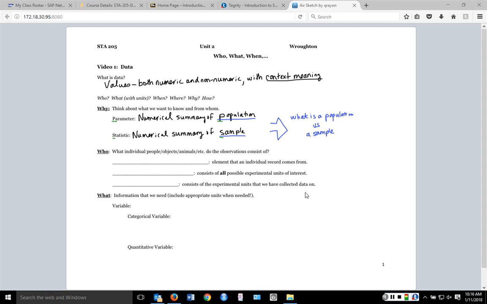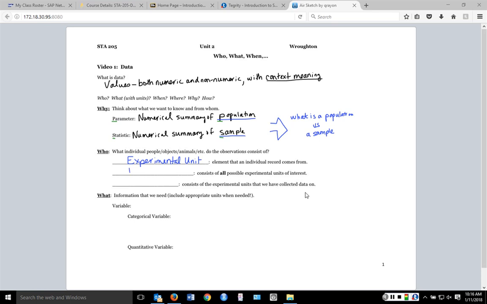Our first definition here is what's called an experimental unit. And these are the individual elements that the records come from. A lot of times it is a person, but of course it can be an object like a plot of land, for example. It could be an animal. So there are lots of different things that I can collect information on.